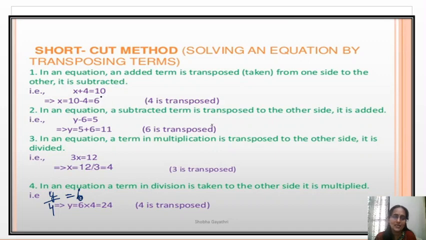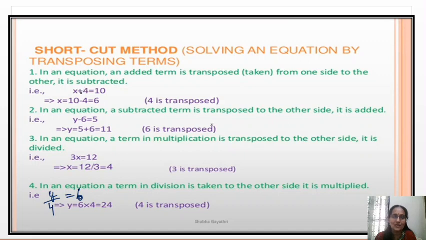Very easy, basic equations are taken here to understand the concept. It's a very simple basic equation. x plus 4 equals 10. By observing the equation itself, you can find the solution, that means the value of x. But we will find the solution by the transposing method only.